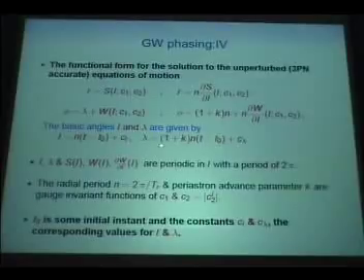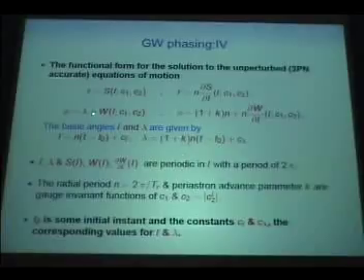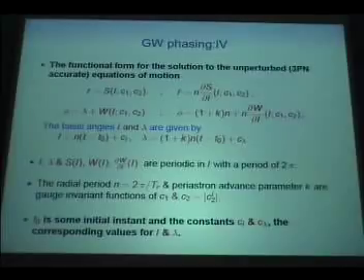Blandford and Teukolsky just wrote it like that without realizing that there is a W part out there. So the phase of an eccentric binary is linearly proportional to the true anomaly, not to the mean anomaly. That's just a technicality, but somebody was interested, so I thought I would mention it.